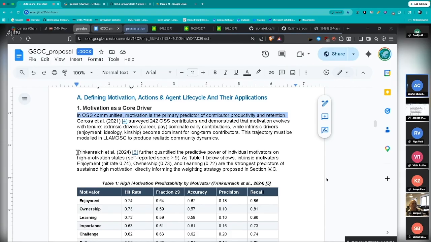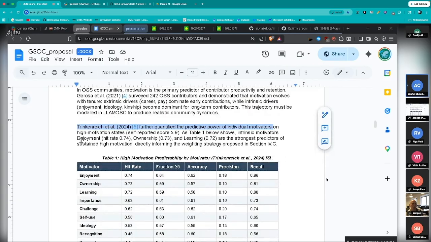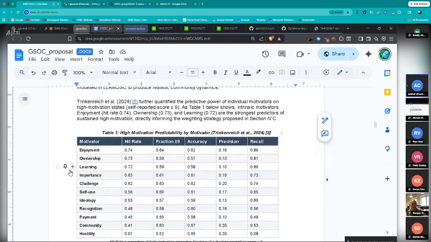One more piece of research quantified the prediction of individual motivators, and it divides them into two types. First is intrinsic motivation. We've also studied it as internal motivation and external motivation such as money or community.